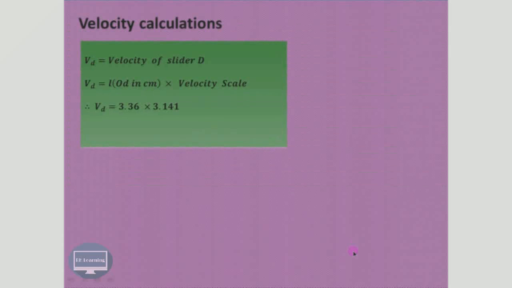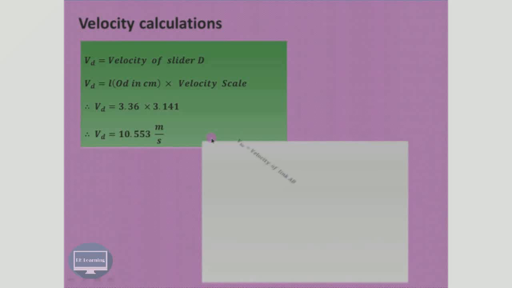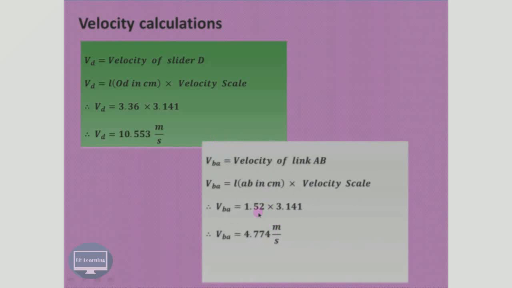So velocity of the slider, as we have already seen, the length is 3.36, and the velocity scale we have already seen is 3.14. So velocity of the slider is 10.55 meter per second. Similarly, velocity of the link AB will be equal to length AB in centimeter from the velocity diagram multiplied by the corresponding scale. Just now we have seen that length is 1.52. We can multiply this by the scale, so that we will get VB.